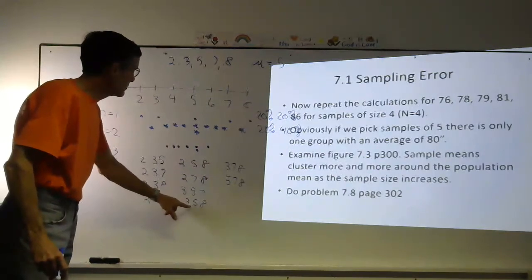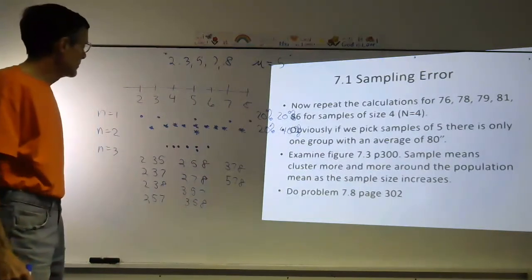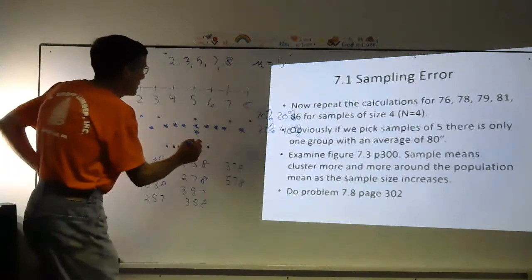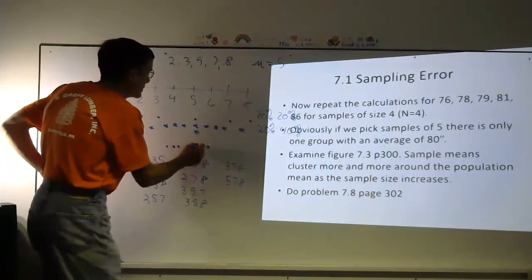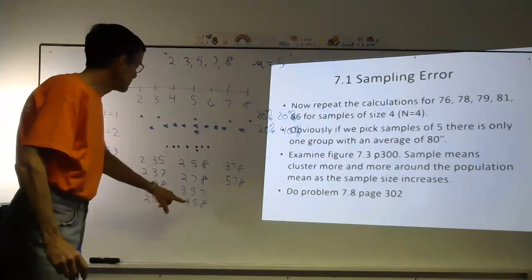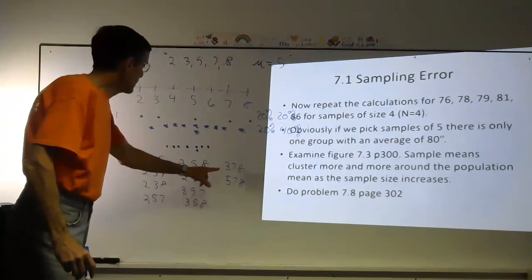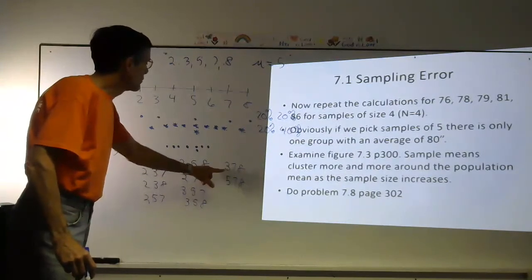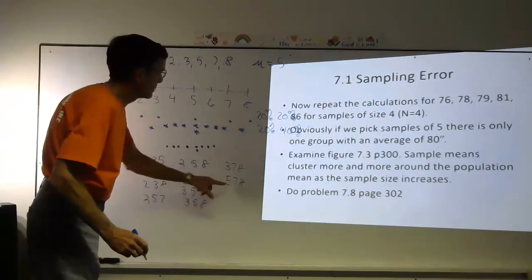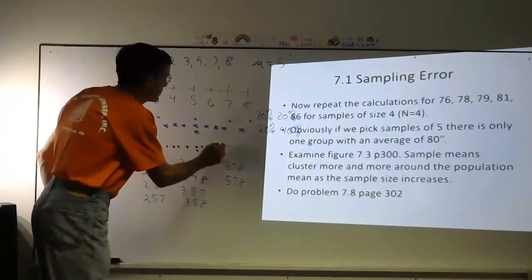And here is 8 and 8, 16 is divided by 3 is 5.3 here. And I have 2 more. So 18 divided by 3 is 6. And 20 divided by 3 is 6.7.